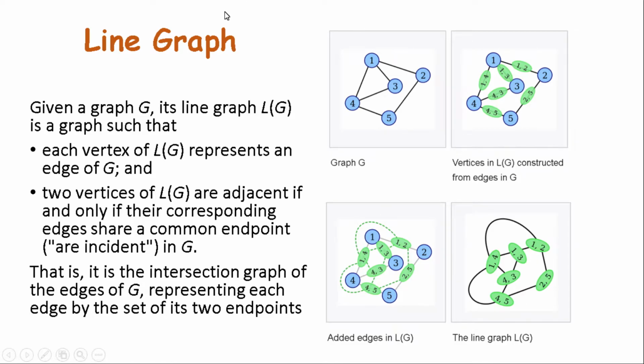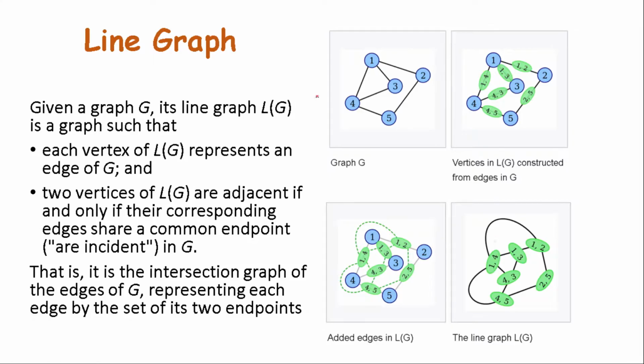So line graph. Suppose this is my graph, I have 5 vertices and corresponding to this, we have 6 edges. In the line graph of this graph, we will make these edges the vertices of our new graph, and corresponding to these vertices, we have new edges. So see here, this was my main graph and this is my converted line graph.